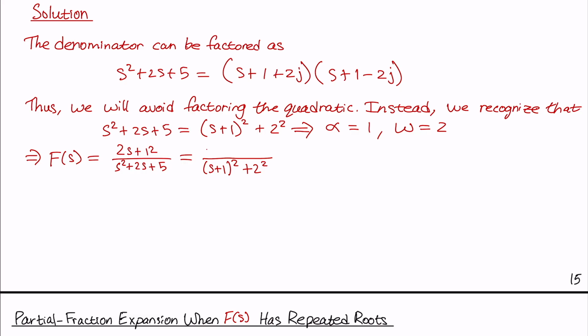In this case, we can write this as 10 plus 2 times (s plus 1), such that we can then split this up further. We can write this as 5 times 2, that's 5 times omega, over (s plus 1) quantity squared plus 2 squared, plus the fraction 2 times (s plus 1) divided by (s plus 1) quantity squared plus 2 squared.